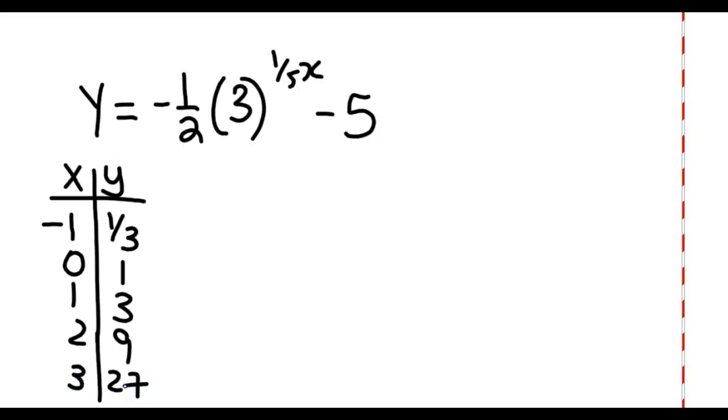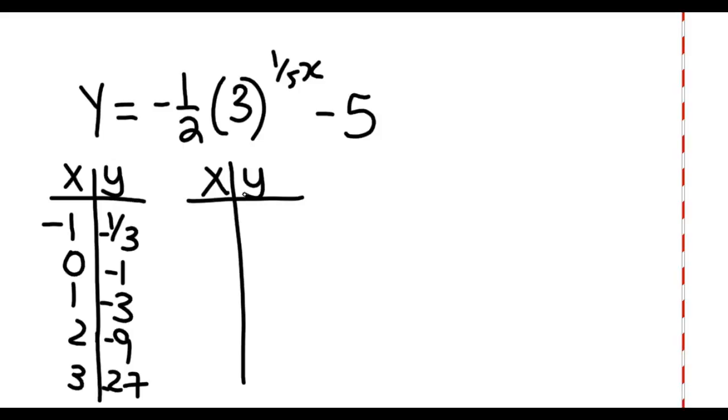Okay, so now that negative in front means all our y values are going to change to the opposite sign. Okay, so they're all going to become negative. Okay. Now that half in front means that we're going to cut all our y points by half. Okay, so I'll make another table and I'm going to divide all my y points by 2.